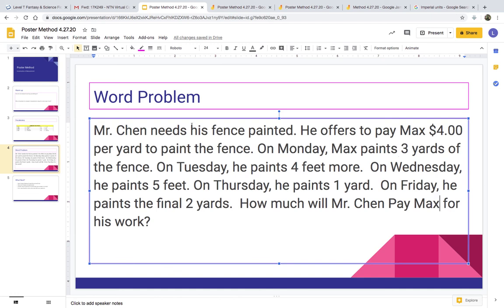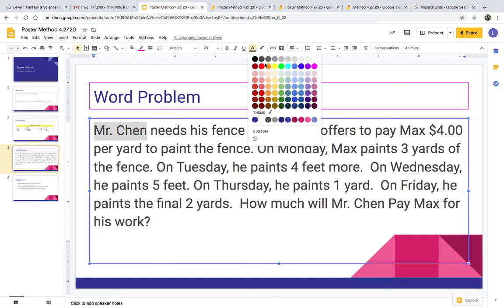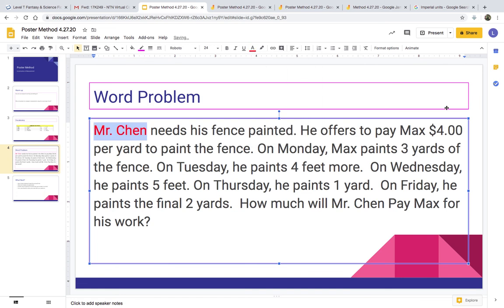Before I move on, I just want to make sure that as I'm reading this again, Mr. Chen needs his fence painted. He offers, so this is our first character, and I'm going to underline this, make this another color, let's make it red, and then Max. Okay, this is our second character in this problem.